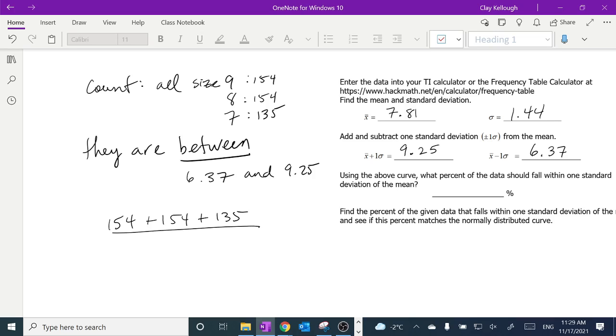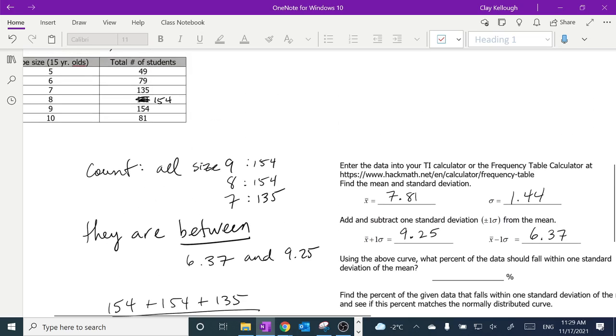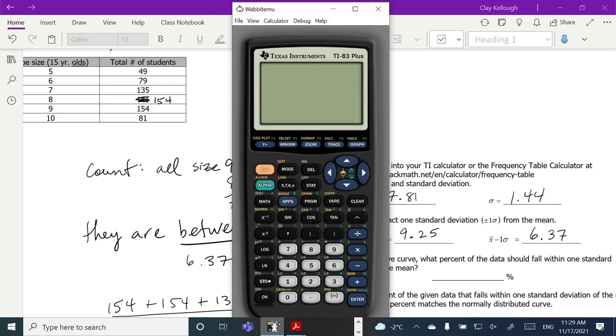Now how do I figure out what the total of all the data is? Well, I can just add it up. I think if I use the calculator, it added it for me. The number of data points is 652. Is that right?